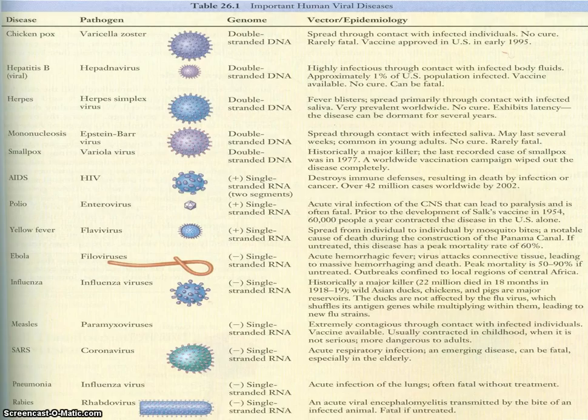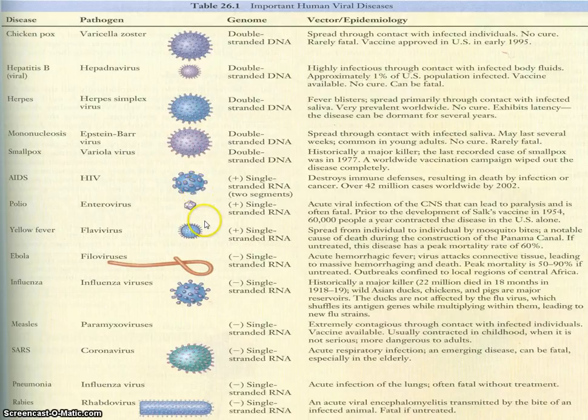And then you've got this picture. These are common types of human viral diseases, so viruses that can affect humans. Chickenpox, hepatitis B. Notice those are both DNA. Herpes is a DNA virus. Mononucleosis is DNA. Notice they are all circular in structure. HIV is also circular. However, it's RNA. It's an RNA virus.